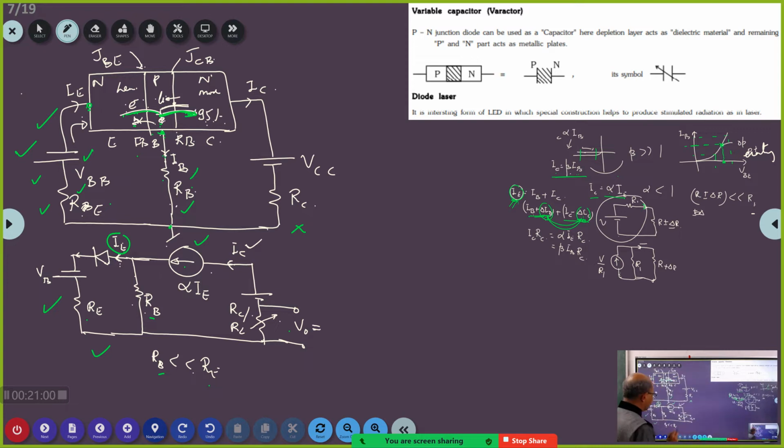Now, you see here there is VO. As I wrote here, VO will be beta times IB into RC. This is what I had written. Now you see what I am going to do.